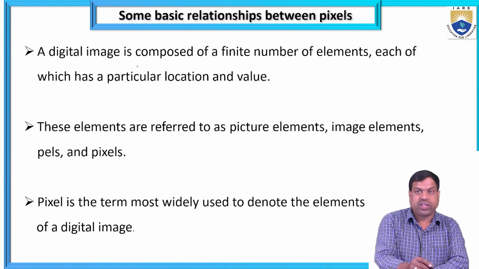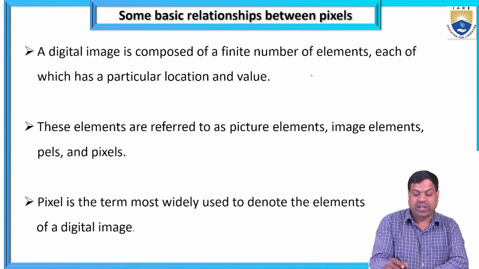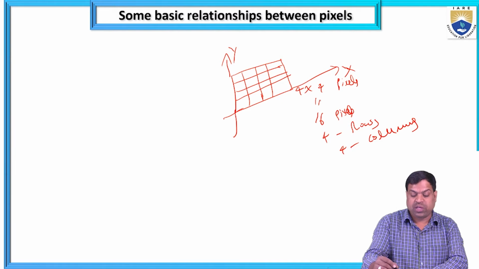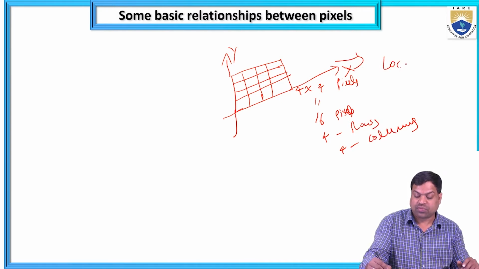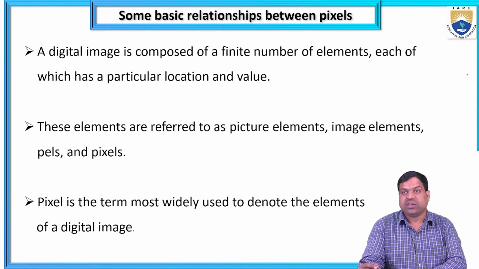A digital image is a finite number of elements, each of which has a particular location and value. Every image has finite elements, each with a particular location and value. These elements are referred to as picture elements, image elements, and pixels.